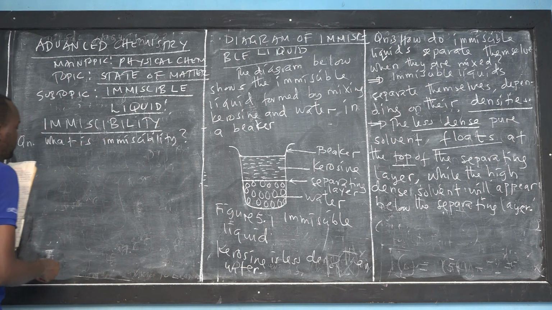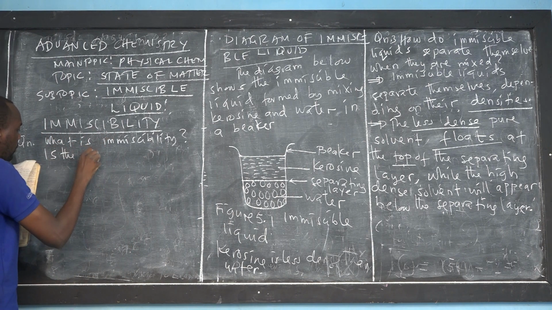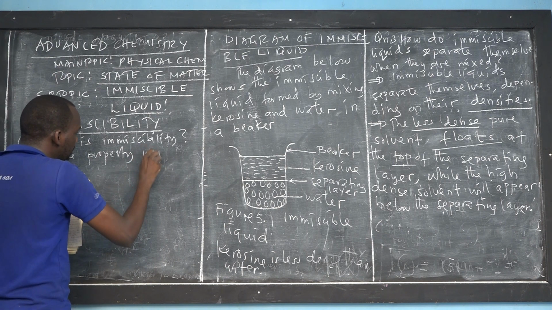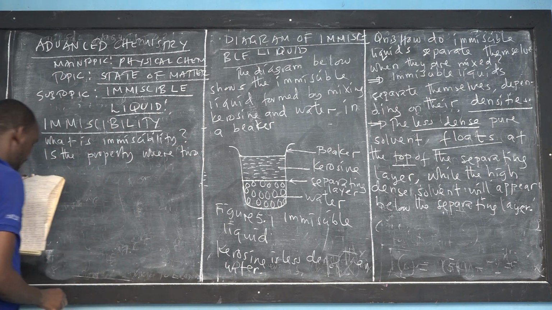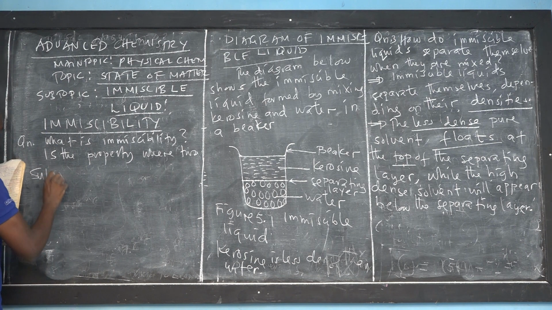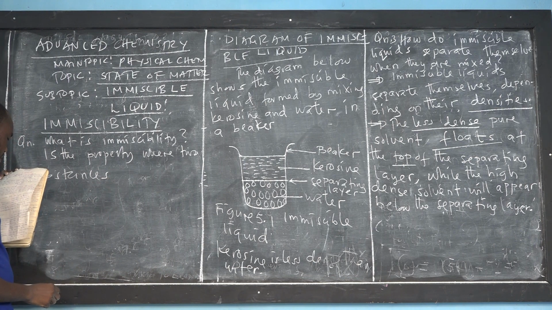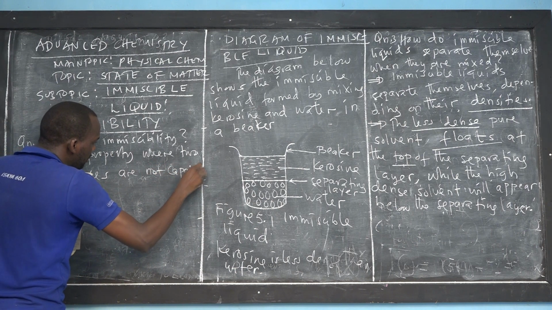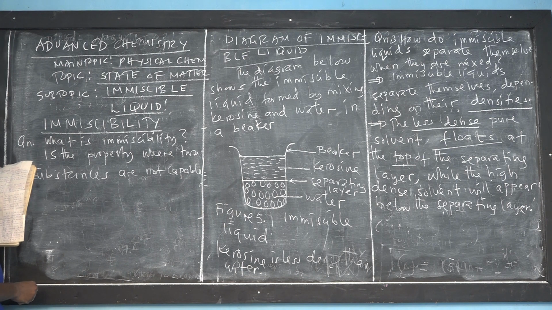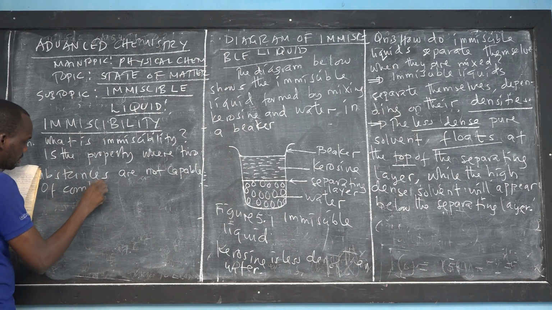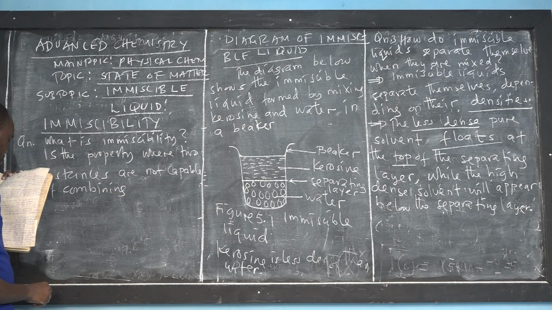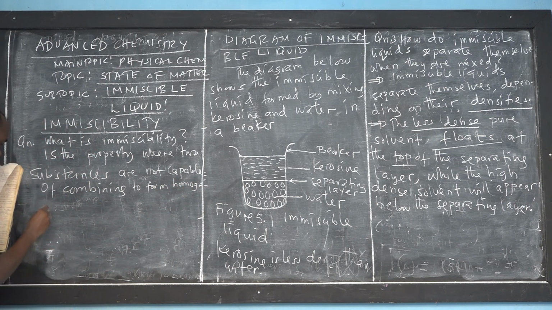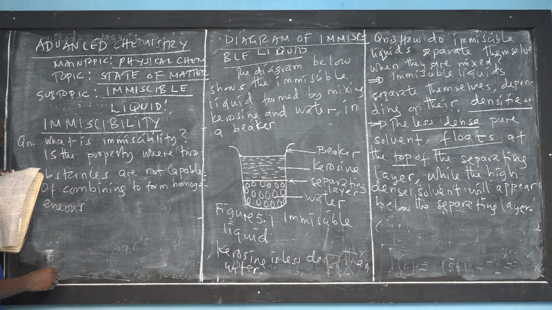So immiscibility, simply we say in chemistry, is the property where two substances are not capable of combining to form a homogeneous mixture.